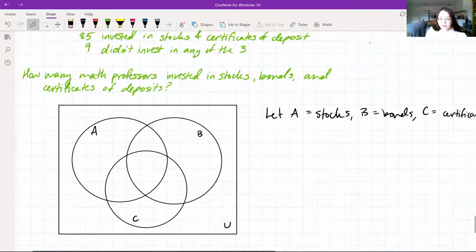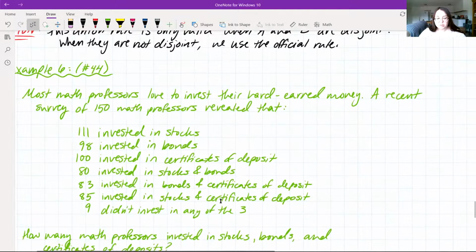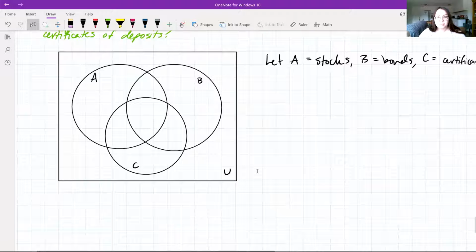So when we have our Venn diagram here, we have A, which is going to be stocks. So A here, this is going to be our set of stocks. B is going to be our set of bonds. And C is going to be our set of certificates of deposit. And they're all within our universal set, which we know there's going to be 150 elements in our universal set.